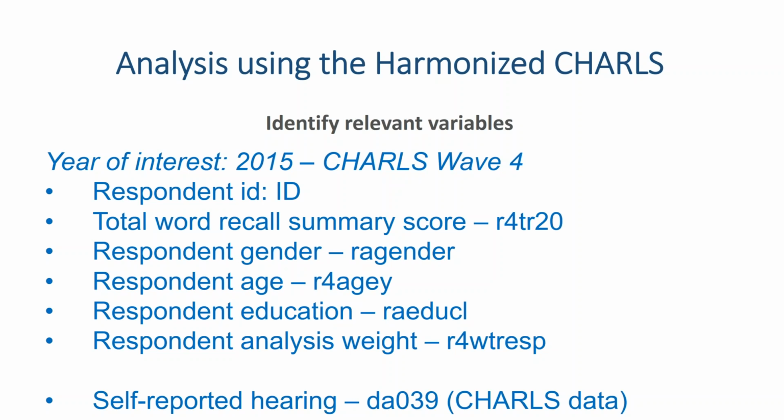And we have our individual analysis weight in R4WTRESP. CHARLS doesn't include every variable available from the survey, including hearing right now. But we can easily add this variable by using the original CHARLS variable DA039.